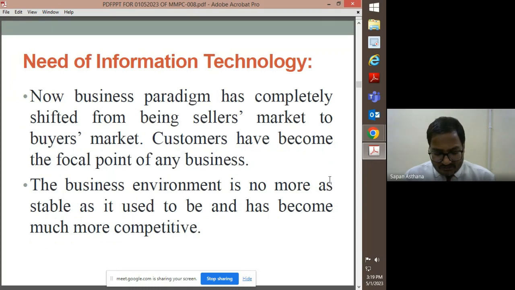Need of information technology, my dear learners: as you all know, without need and want, we can't go for the purchase of an information system or any technology.